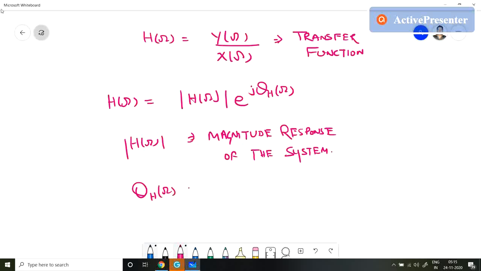The modulus of H(Ω) is called the magnitude response of the system.